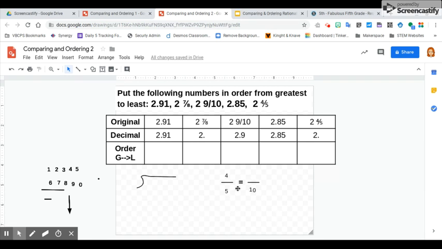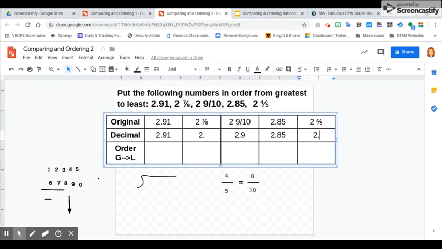What you do to 5 to get 10 is multiply by 2, which means you have to multiply the numerator, which is 4, by 2. And 4 times 2 is 8. So that means that 4/5 is equal to 8/10, which means that 2 and 4/5 is equal to 2 and 8/10, which is 2.8. And that's what that looks like as a decimal.